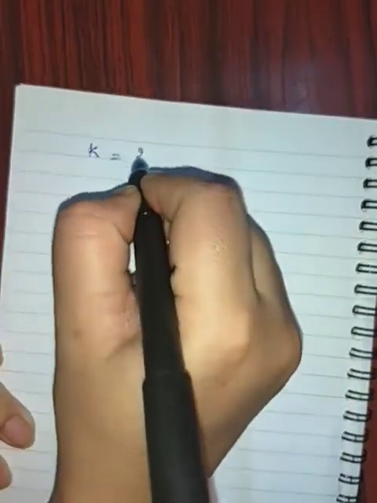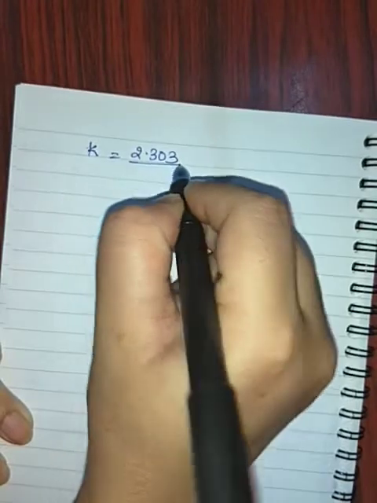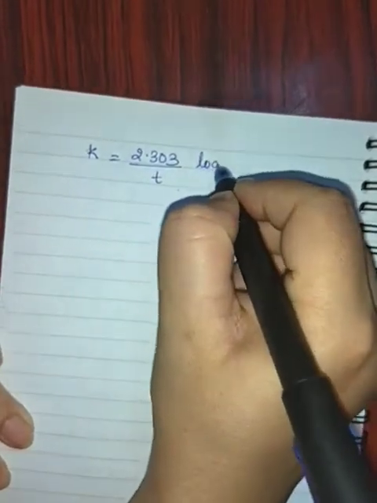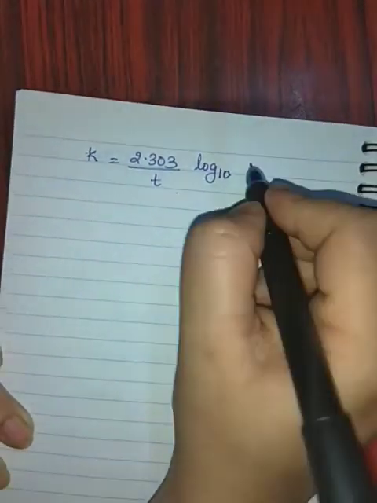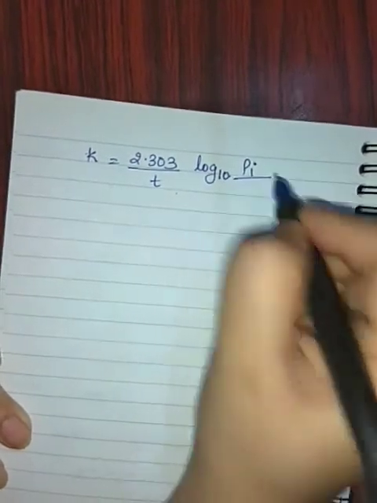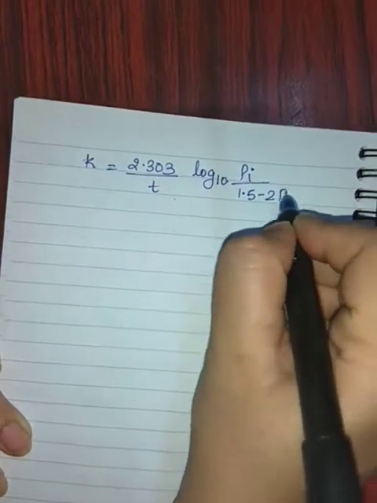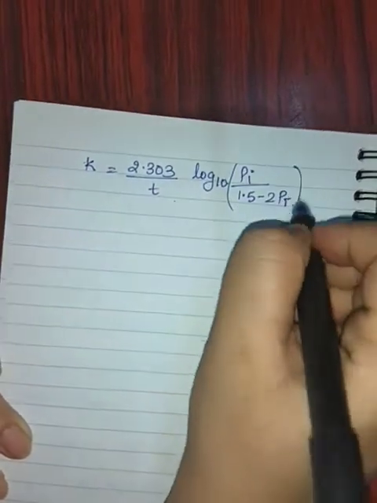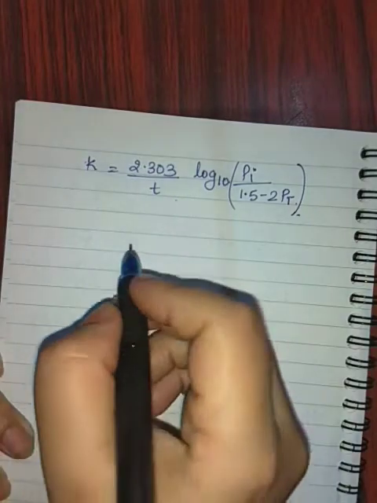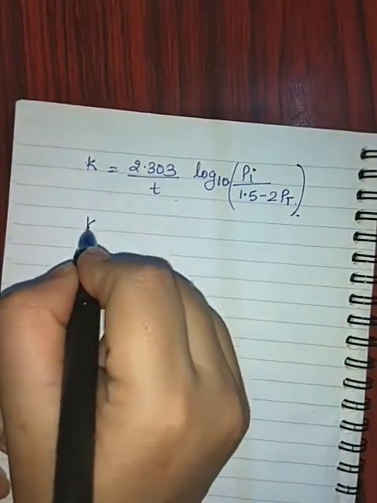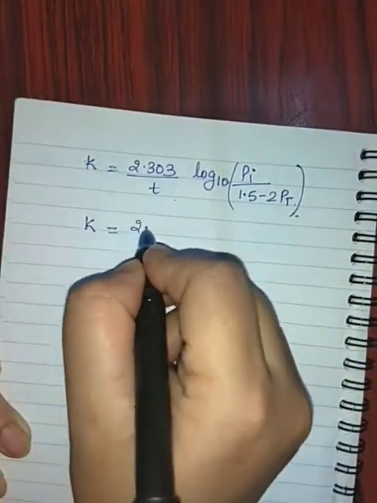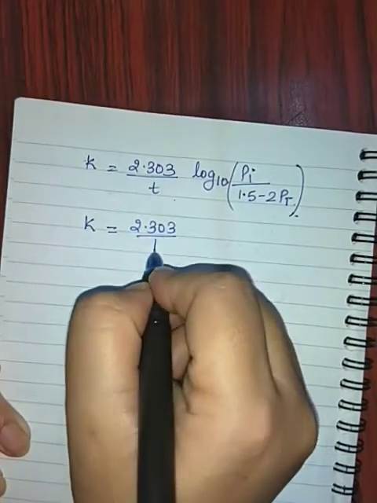So now the formula will become k is equal to 2.303 upon t log to the base 10 of Pi upon 1.5 minus 2Pt. So we have to calculate the value of k. 2.303 upon t.